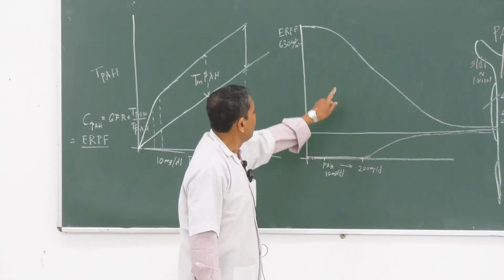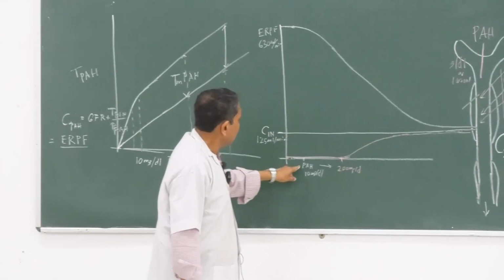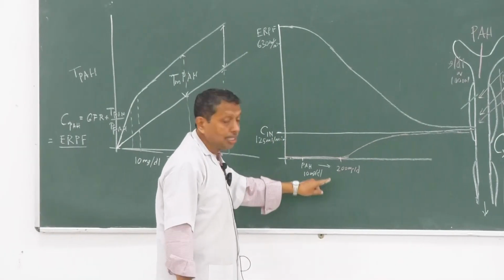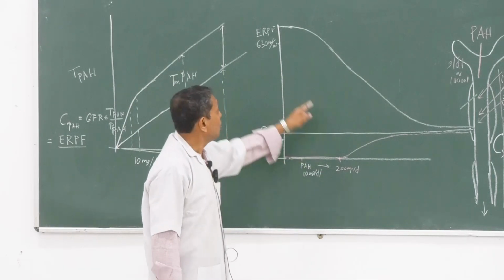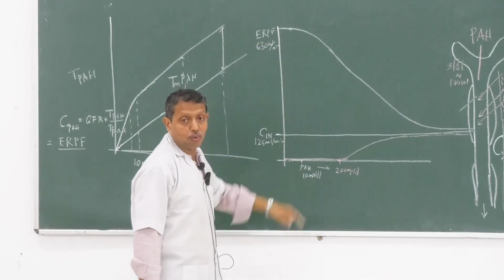In case of para-aminohippuric acid, initial part up to the level of 10 milligram per deciliter plasma, it is high, and it is equivalent to that of the effective renal plasma flow.